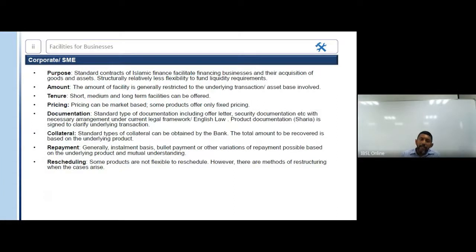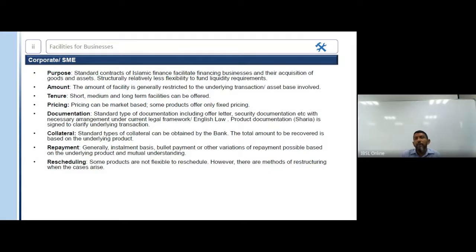Repayment can be on any basis. It can be installment, it can be bullet payment, or variations of various repayments, but pricing needs to be considered in that. In terms of rescheduling, some products have rescheduling possibilities, whereas others don't have that flexibility. So it is again product dependent.